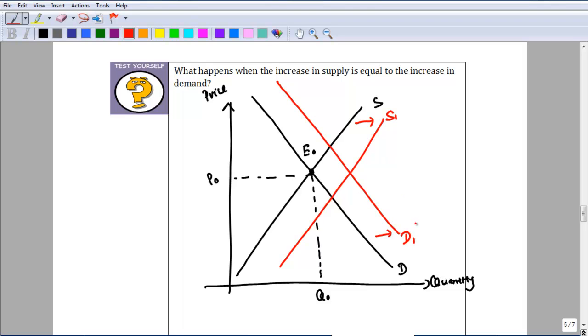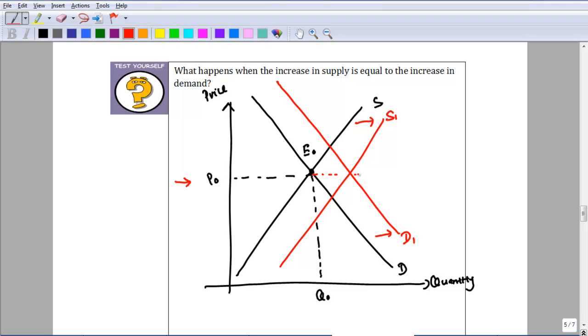So now let's take a look at what happens to the market. At the market equilibrium price of OP0, which is your original market equilibrium price, extend the price line.